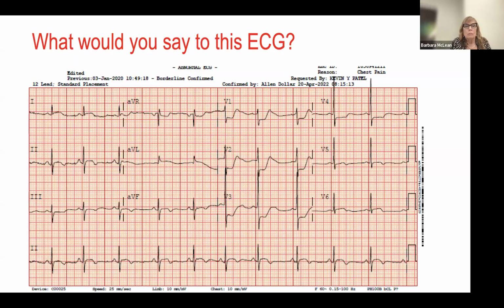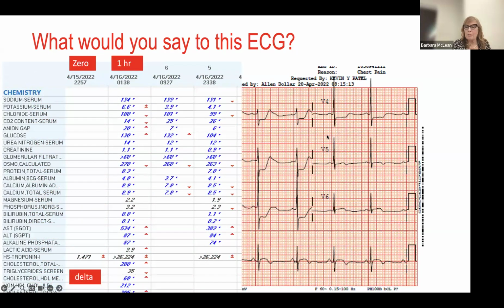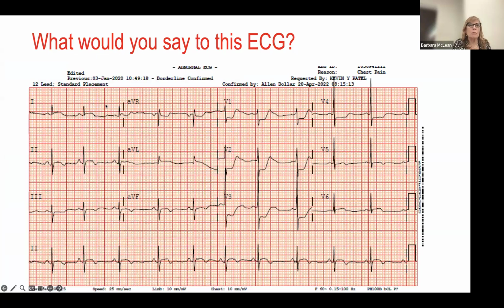So now I go back and ask, what would you say to this EKG? What you would say is, I think your patient is having an acute posterior infarct. He may have some lateral involvement, with 1 and AVL. This is the EKG we looked at the very beginning. ST segment elevation in lead 1, ST segment elevation in AVL.